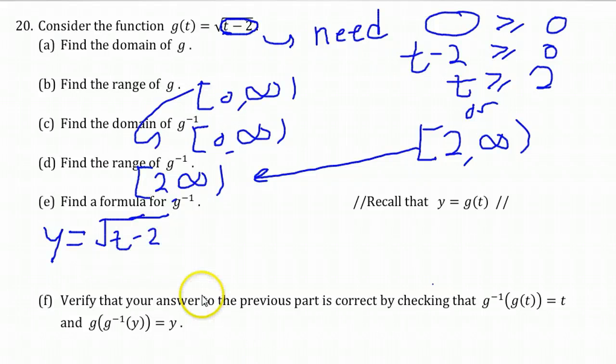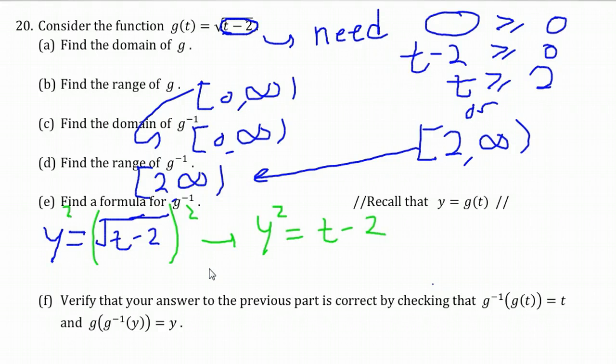To find the formula for the inverse, we write down y is equal to the formula. Now we're going to solve for t by squaring both sides. That gives us y squared is equal to t minus 2. Solving for t, we get t is equal to y squared plus 2. That's our formula for the inverse.